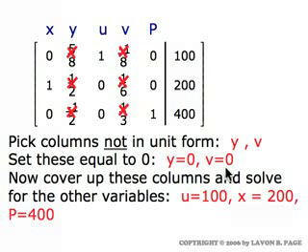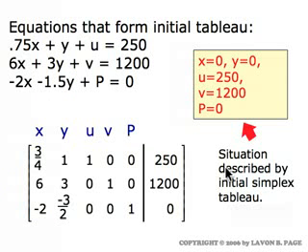I want to go back and point out that you can play this game even with the initial simplex tableau. We could have done this even before we started the solution process. If you go back and look at the initial tableau, the columns which are not in the special form of having a 1 and the other numbers 0 are the X column and the Y column. So if you play that game we just played of setting those variables equal to 0, X equals 0, Y equals 0, block out those columns and read what equations would be represented by each of the rows.